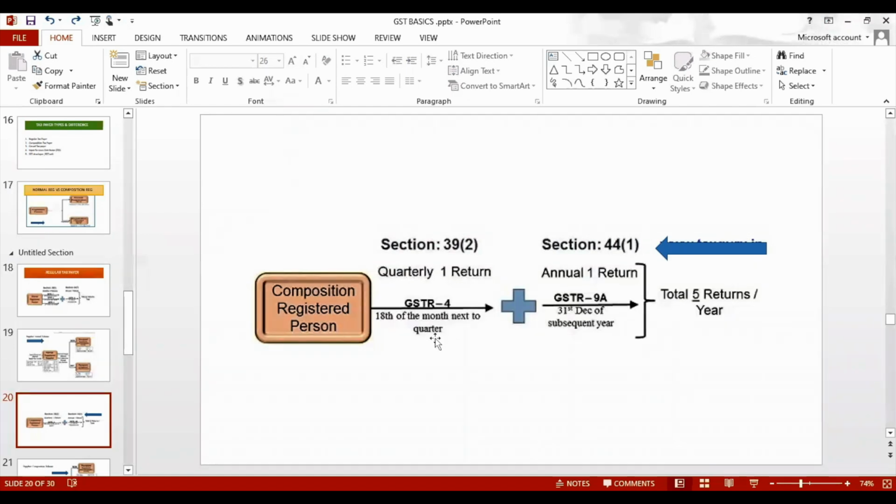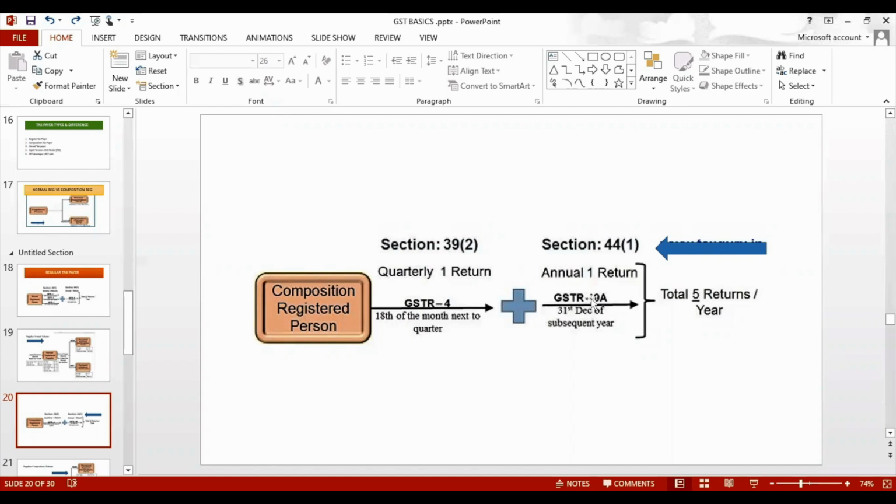So if my quarter is April, May, June, I want to file before July 18th. Now you can understand: a normal taxpayer files GSTR 1, GSTR 2, GSTR 3 every month, repeating the same forms, while a composite registered person files only GSTR 4 once in 3 months.